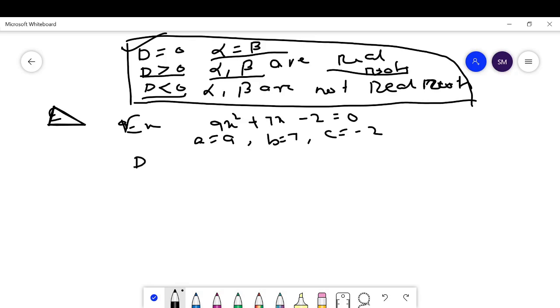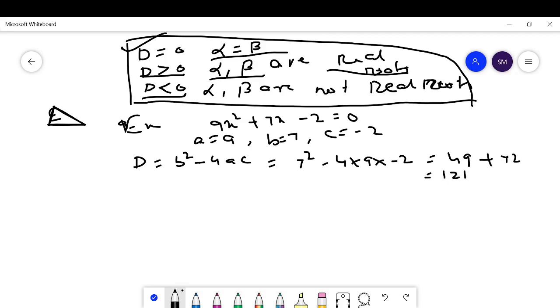Here d is equal to b square minus 4ac, which is 7 square minus 4 into 9 into minus 2. This is 49 plus 72, which equals 121. 121 is greater than 0, a positive number. Hence, alpha and beta are two real roots.